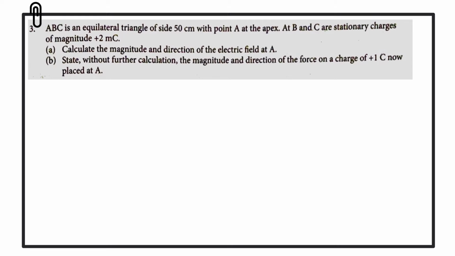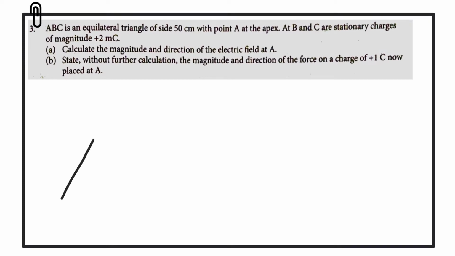at A. So what we're going to need to do here with this question is first of all take the information from the question and put it into a diagram, and that will help us visualize what's going on, what quantities we know, and maybe what else we need to figure out. So ABC is an equilateral triangle of sides 50 centimeters.